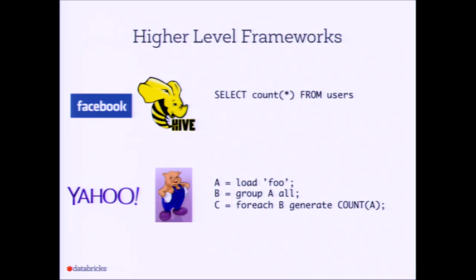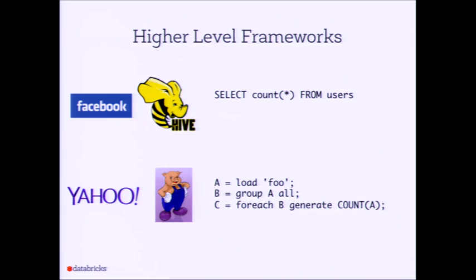So with that, on the open source side, people started building higher level frameworks. There are 2 frameworks that became fairly popular. The first one is Hive. Back in maybe 2008, Facebook started this project called Hive. Instead of programming MapReduce, you give it a SQL query, and it compiles the SQL query down into MapReduce jobs and runs it on a cluster.